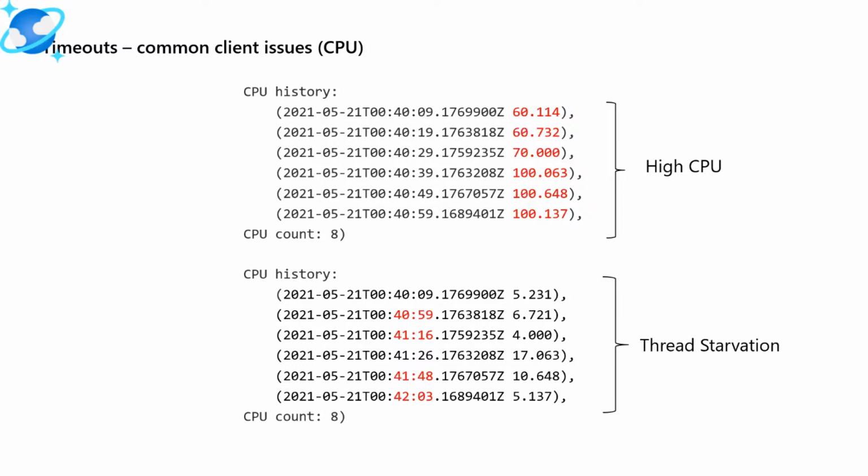But if your application is experiencing some deadlocks, then that could cause thread starvation, and that could cause this component to take measurements at times when it's not expected. So maybe your CPU is not high, but if your measurements are not every 10 seconds, something is up on your thread pool.